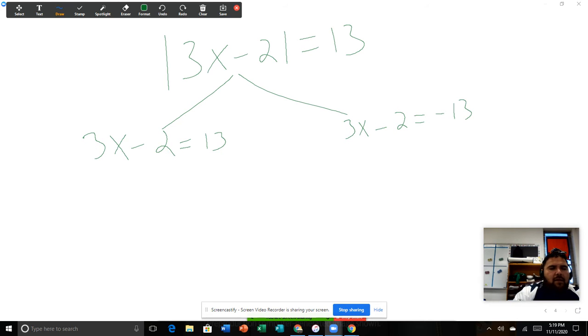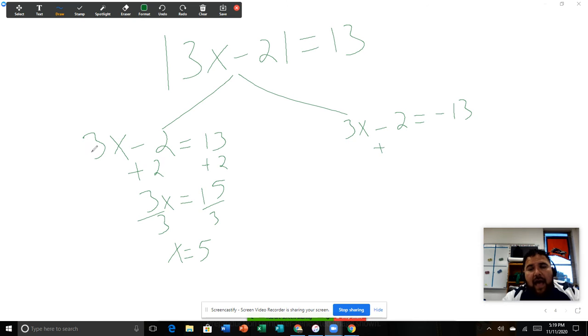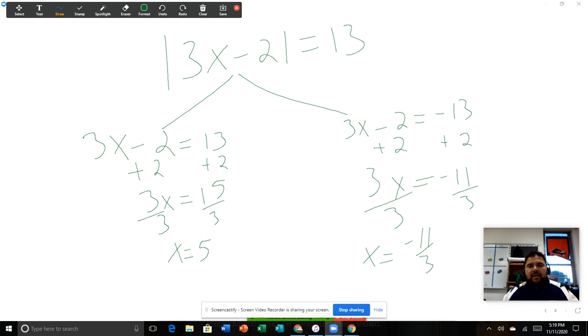Add 2 to both sides. 3x equals 15. Divide both sides by 3. X equals 5. There's a possible solution. Add 2 to both sides. 3x equals negative 11. Divide both sides by 3. X equals negative 11 thirds. And that's it for those types of equations, I think.